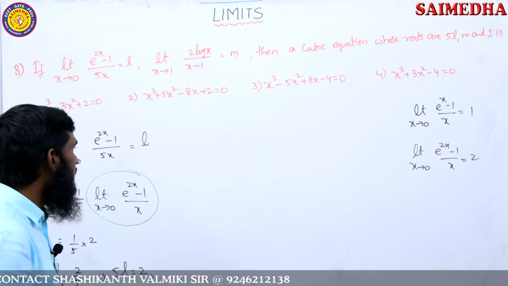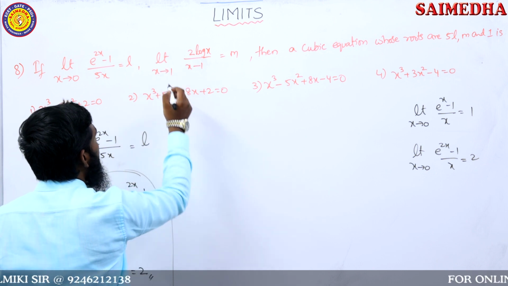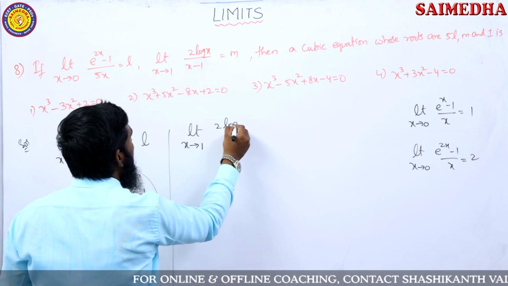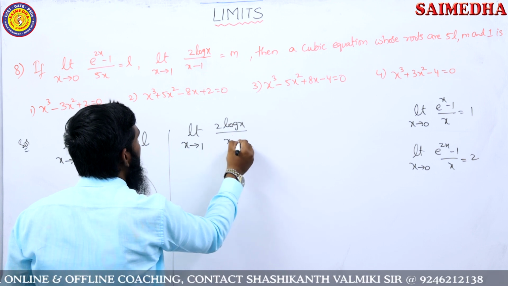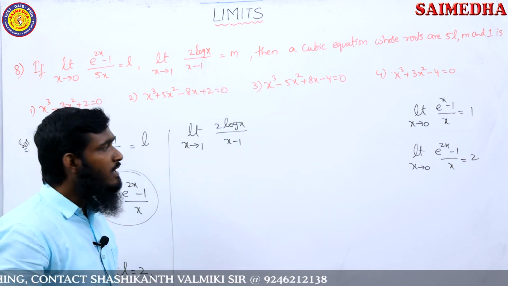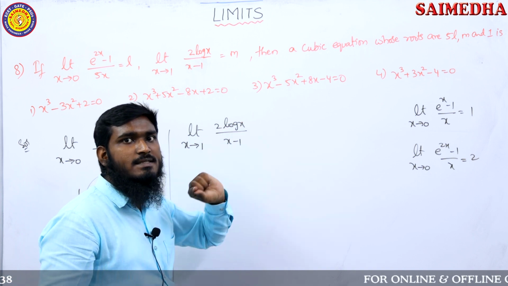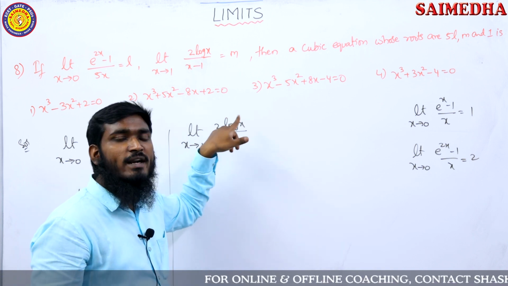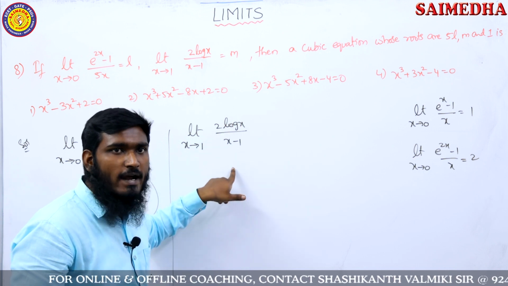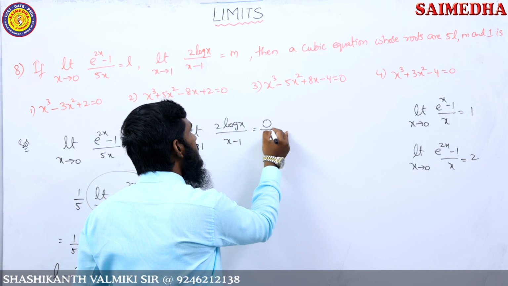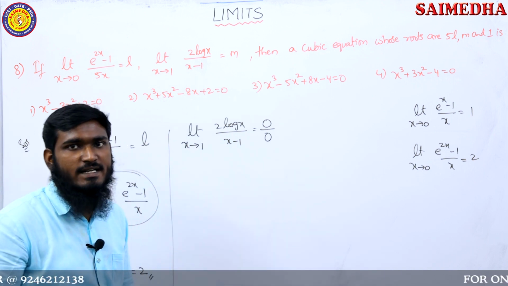Now we have to find the second root. The second is limit x tends to 1, 2 log x divided by (x minus 1), which is the m value. If we substitute the x value here, log 1 means 0, into 2, the numerator becomes 0, divided by 1 minus 1, which is 0. So what answer are we getting? 0 by 0, which is an indeterminate form.